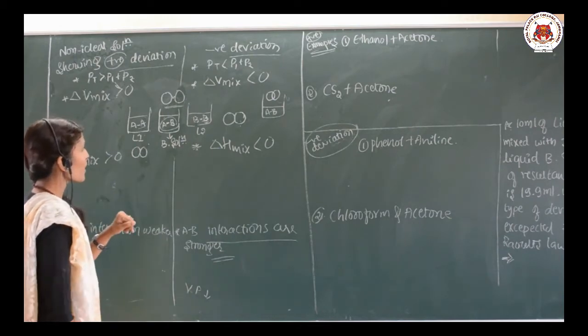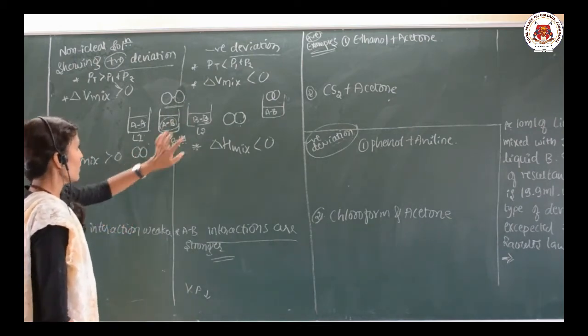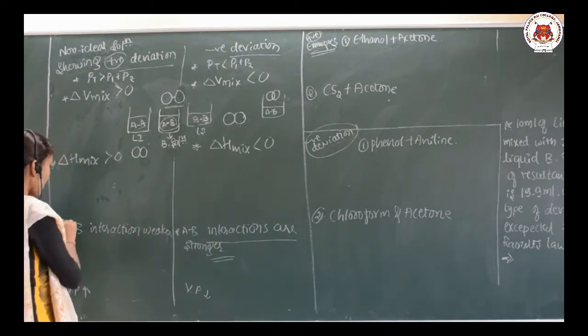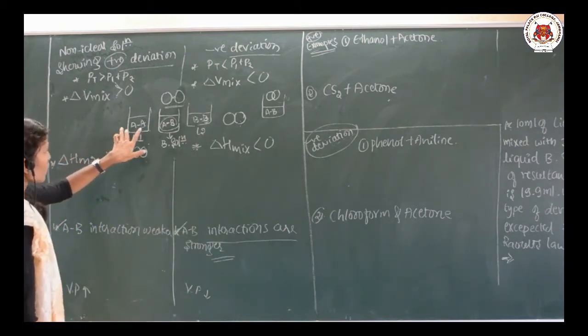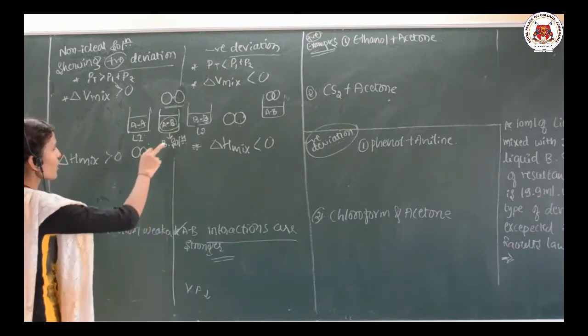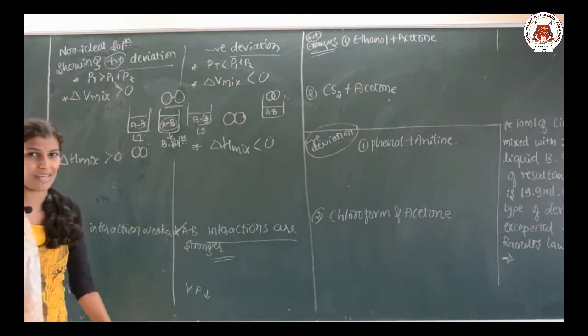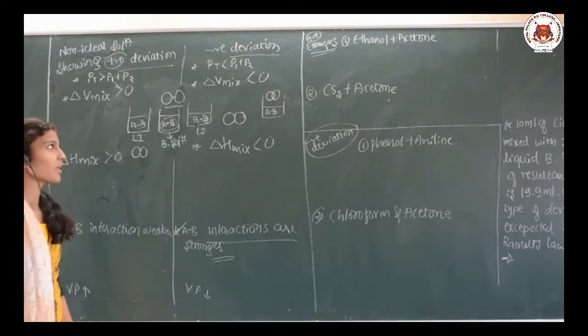And one more thing we can tell you here, so let me clarify this point also. The AA interaction and BB interaction combine with each other, and there is a formation of the AB interaction.